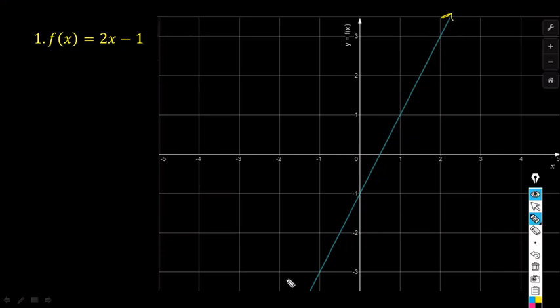So all the values of y are being swept by the graph of the function, and that's why we can say that the range of the function is also the real numbers, just as the domain was. You're going to get this very clearly in a moment. I'm going to give you a lot of examples. So the range of f is the real numbers, because all the real numbers in the y-axis are being swept by the graph of the function.